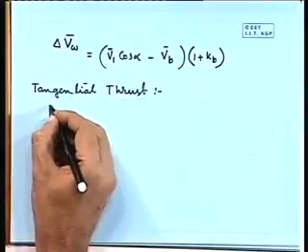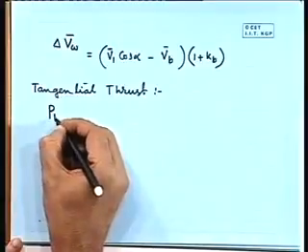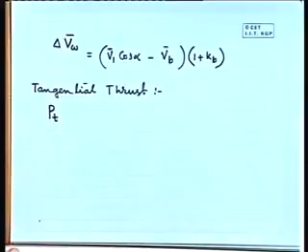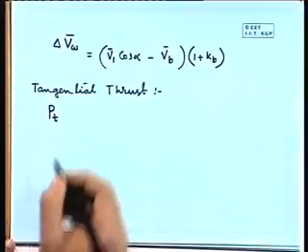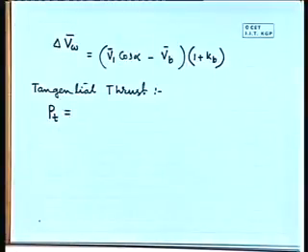Tangential thrust, this is generally thrust, it is nothing but a momentum, and it is denoted by P. As it is in the tangential direction, we call it Pt, P subscript T, and this P subscript T is change of momentum in the tangential direction. So, change of momentum in the tangential direction means, again let us go back to this basic diagram.